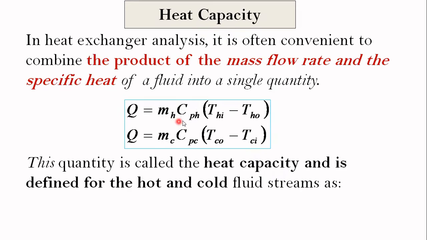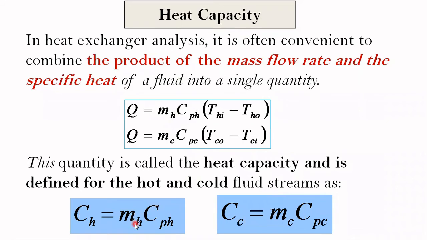For example, the hot fluid is losing heat, that is m Cp delta T, and the cold fluid is gaining or absorbing heat, that is m Cp delta T. Here m into Cp is basically known as the heat capacity, and we can define it as capital C. Ch is for the hot fluid, that is mh into Cph, and Cc is for the cold fluid, that is mc into Cpc.